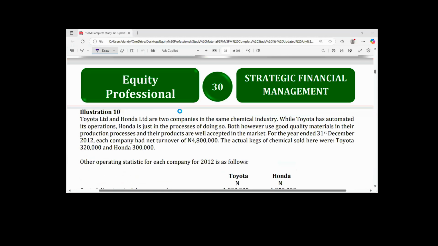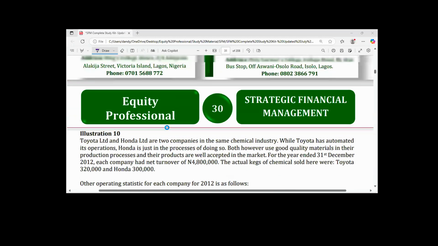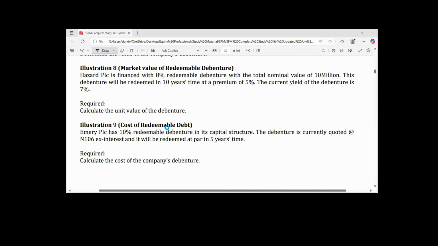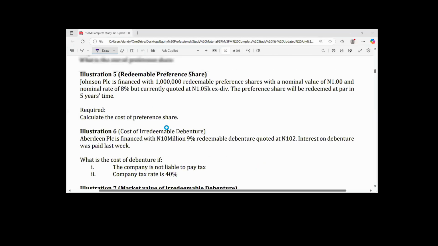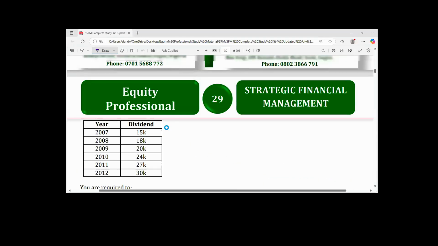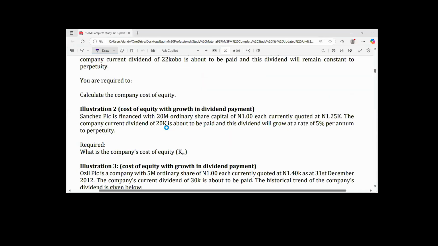WACOCA is computed when a company is engaged in several activities at the same time. So instead of using different costs of capital to appraise or evaluate each project or each activity, a cost of capital that will be suitable for appraising all the projects should be estimated, all right. That is what is called WACOCA.